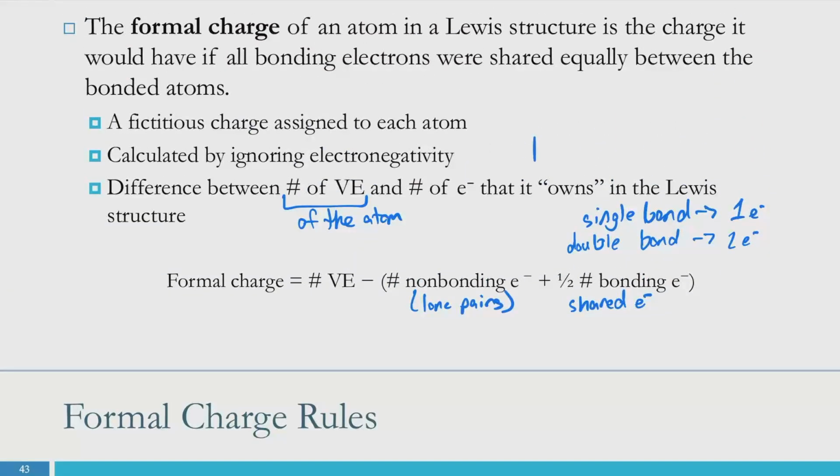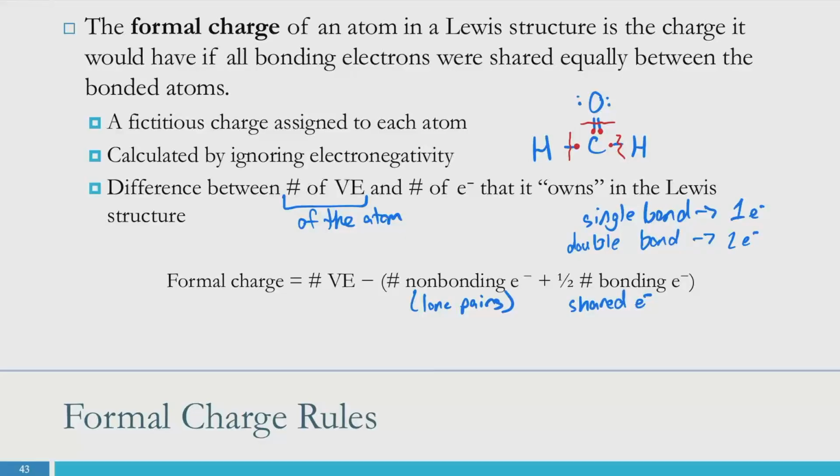The way that I think about it in my brain is, let's say that we've got this H C H, with the oxygen up here. The way that I do it in my brain for calculating the number that it has possession of, so like for the carbon in the middle, if you just cut all those bonds in half, how many of the electrons are going to be on the carbon side? In this double bond, it's got 2.